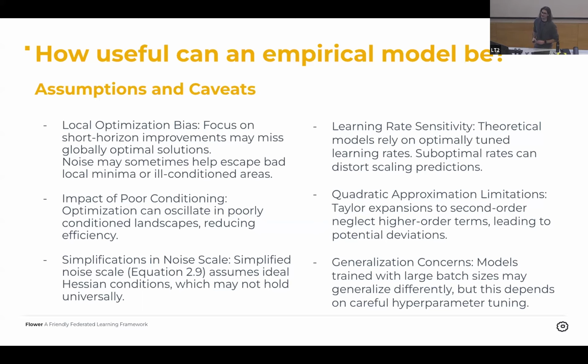Now, what I'd like to mention here before moving on is what these assumptions and caveats mean in the context of the LLM pre-training pipeline that we discussed earlier. For example, when the problem is perfectly conditioned, this means that we need to control the optimization trajectory as much as possible.